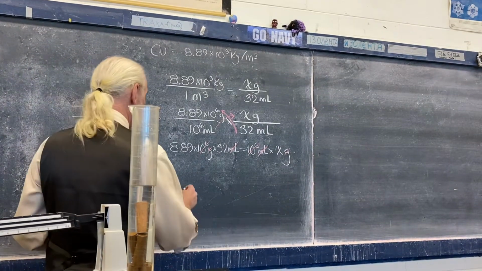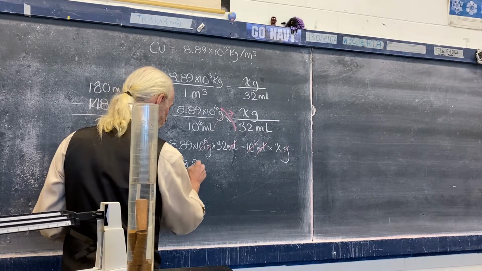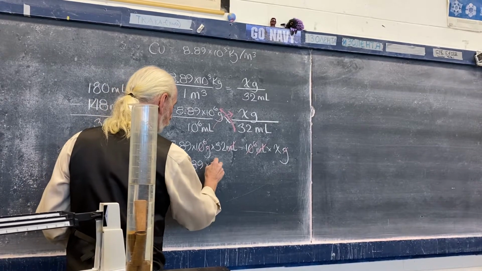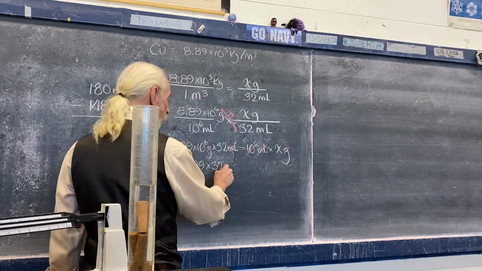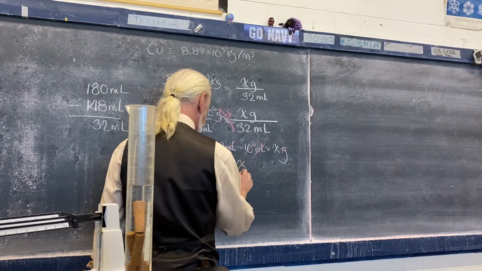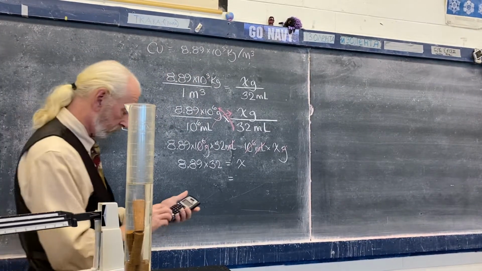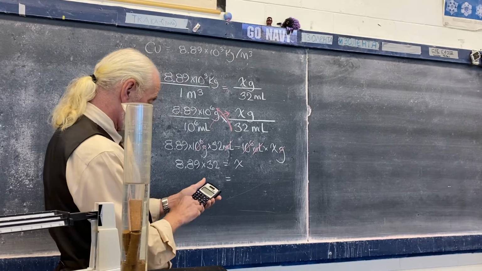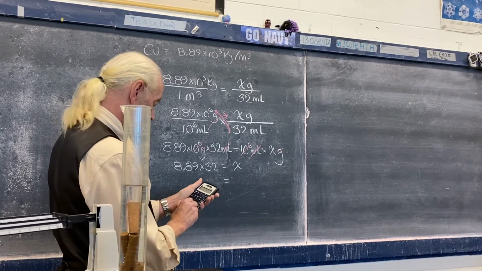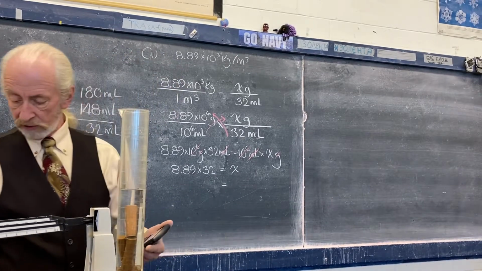So what do we have? 8.89 times 32 equals X equals... I got 284.48.